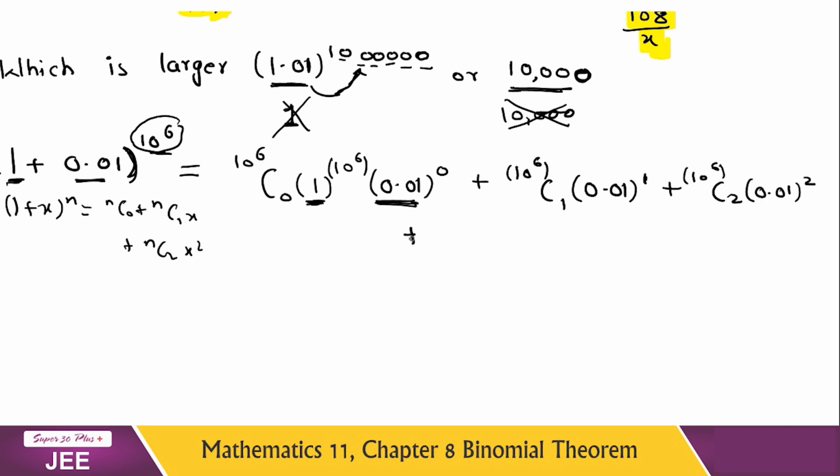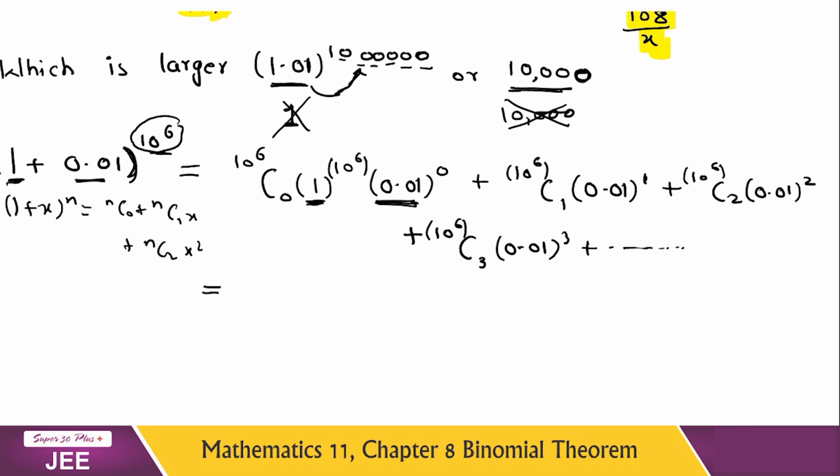And the next term will be 10^6 C3 and 0.01 raised to the power 3, and so on. So we have written down some terms of the binomial expansion of (1 + 0.01) raised to the power 10^6.